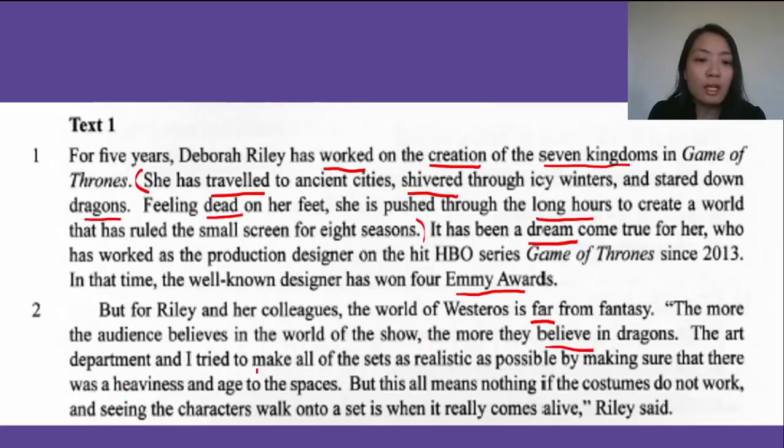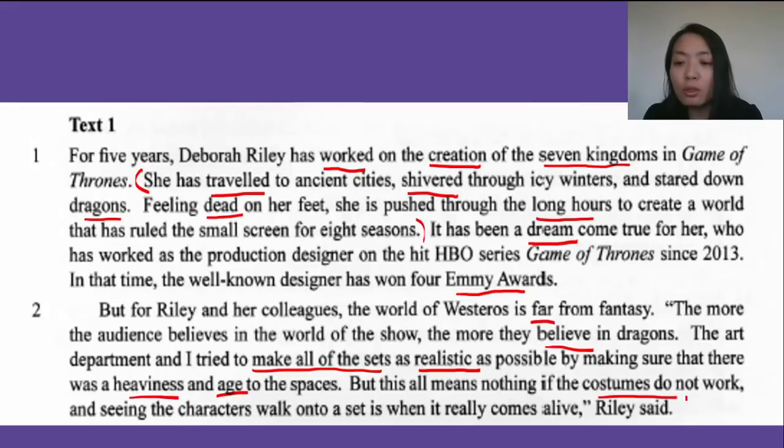The art department and I tried to make all of the sets as realistic as possible by making sure that there was a heaviness and edge to the spaces. But this all means nothing if the costumes do not work. And seeing the characters walk onto a set is when it really comes alive.